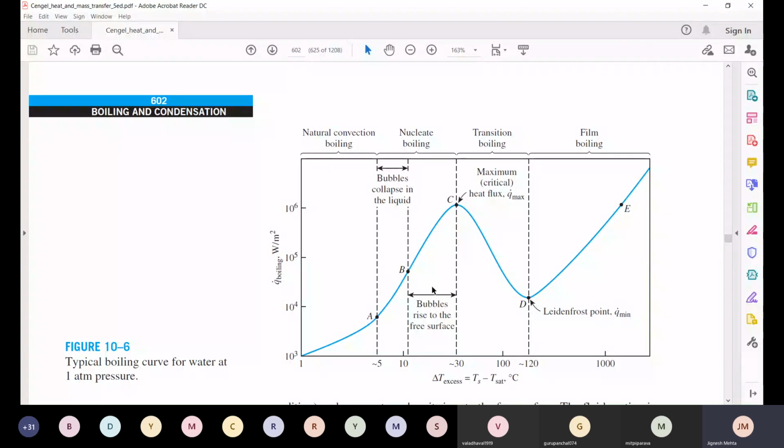as you maintain your temperature higher than 30°C. Okay, so that goes on decreasing and reaches a minimum point, and then after a certain point your heat flux again starts increasing.